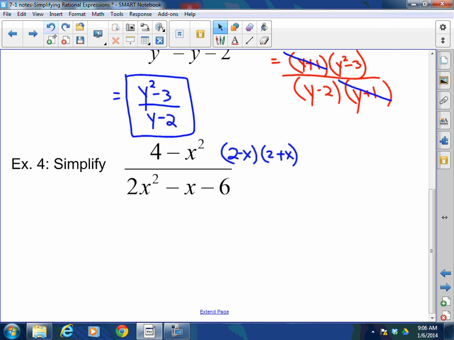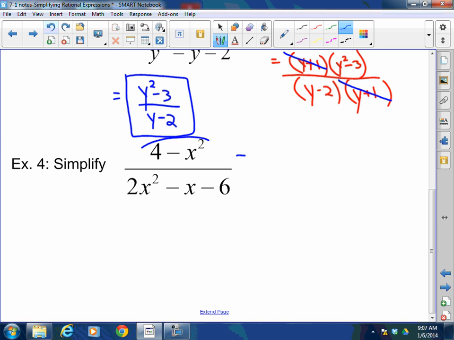So if you wrote it with the x's in the front, it'd be negative x plus 2 and then x plus 2, which also looks a little weird because we've been trained to have a negative one, a positive one here. So to eliminate all of that, what I always teach my students to do is first factor out a negative from this. So now it would be x squared minus 4.